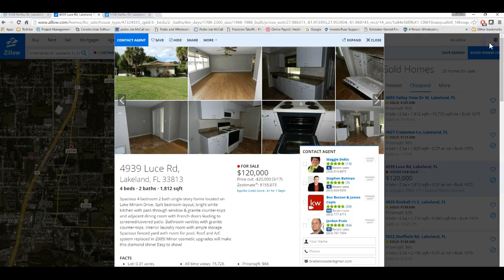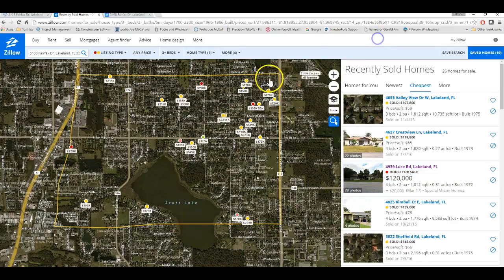All right, I think that's good enough. So that gives you a good idea of how to pull comps, but also we want to see what is for sale. Oh, what's the size of this one for 120? Here it is. What's the size? 1800. Ours is 2000, right?